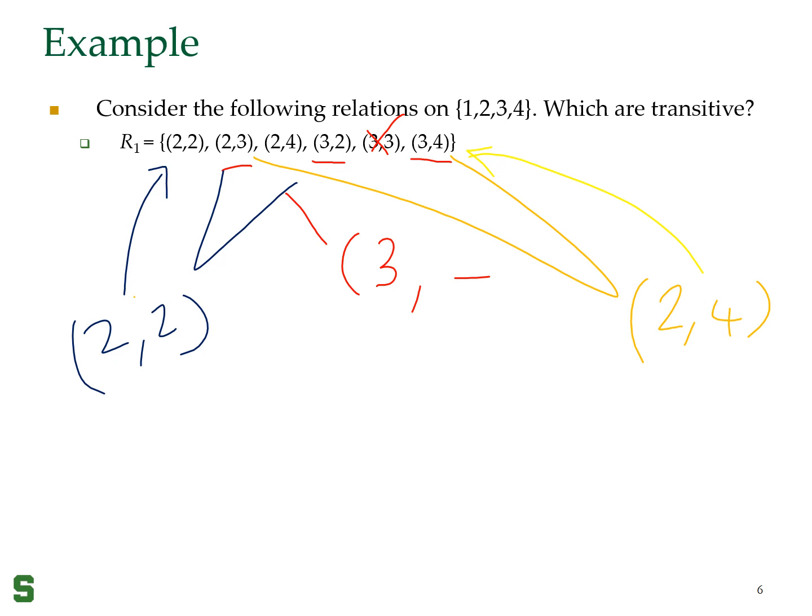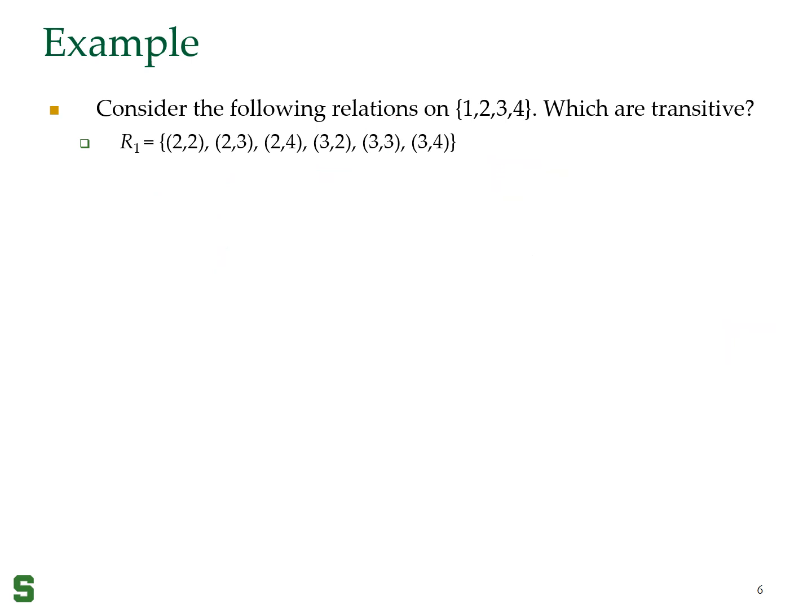Now let's go to the next one. I have 2, 4. So in order to combine this, I need a pair of the form 4 comma something. I don't have such a pair, so there's nothing. This pair can't cause me trouble. This one, I need to worry about something that starts with 2 something.